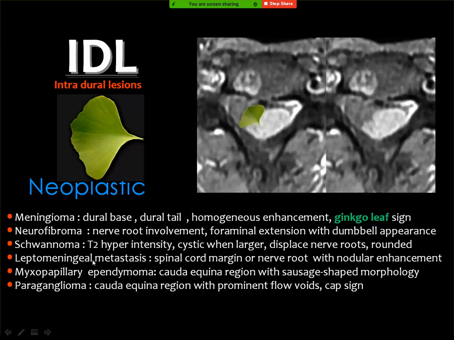Then you have other lesions that can exist inside the intradural space, including metastasis if you know that the patient had a primary malignancy. And one of the well-known lesions in the lumbar region is the filum terminale ependymoma, which should also be included in the differential diagnosis.